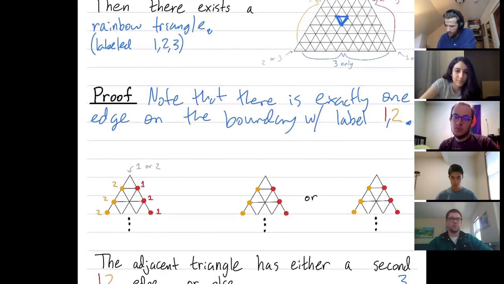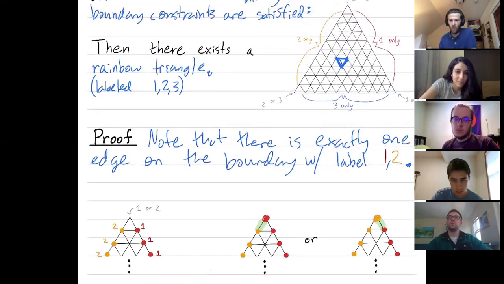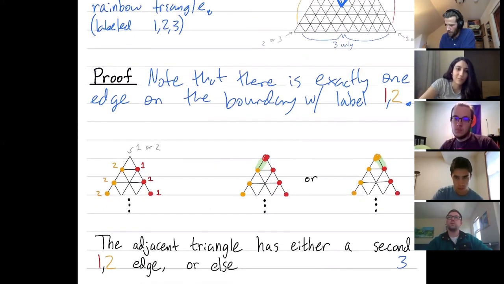And if the top vertex has label 1, then here's our one edge with label 1, 2. Whereas if the top vertex is labeled 2, then here's our one edge with label 1, 2. And nowhere else on the boundary of this triangle do you have the transition between room 1 being preferred and room 2 being preferred. Okay.